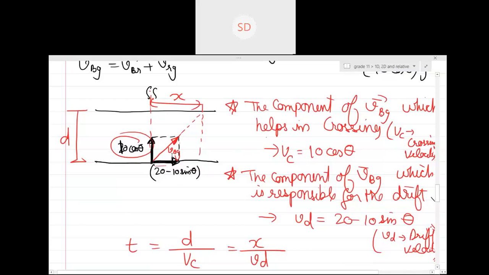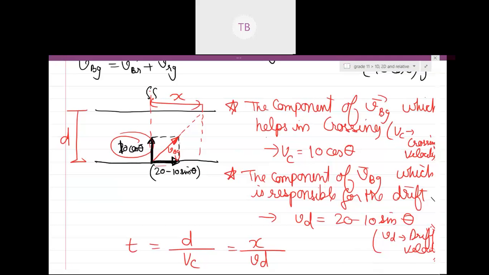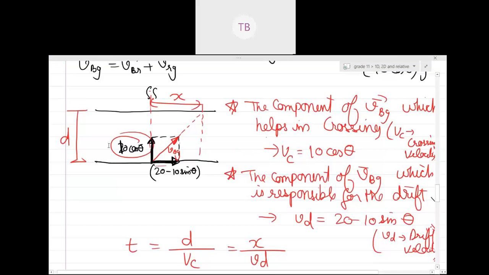Drift velocity was responsible for the drift, and this velocity was responsible for the crossing. So the minimum distance, the width by the perpendicular velocity, is equal to x by the drift velocity, drift distance by drift velocity. बस वही तो है. Distance upon velocity is basically time, right? So x and y coordinate both are taking simultaneously. तो time को equate कर दिया दोनों का.